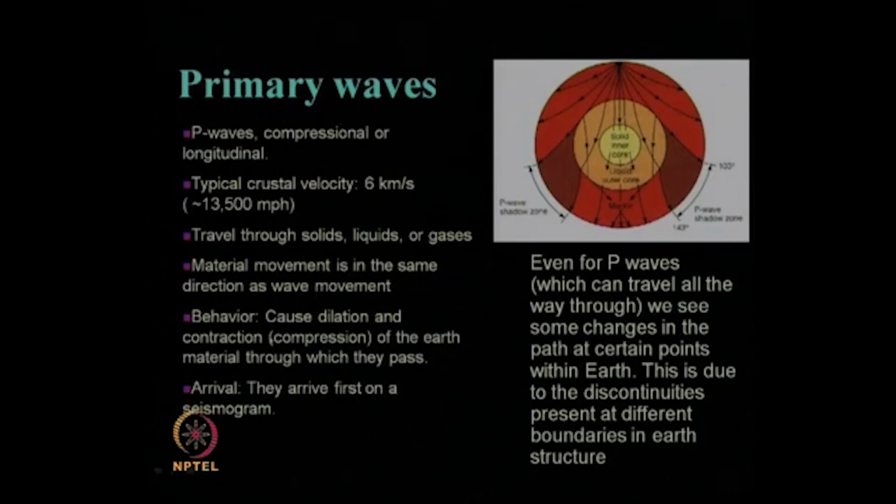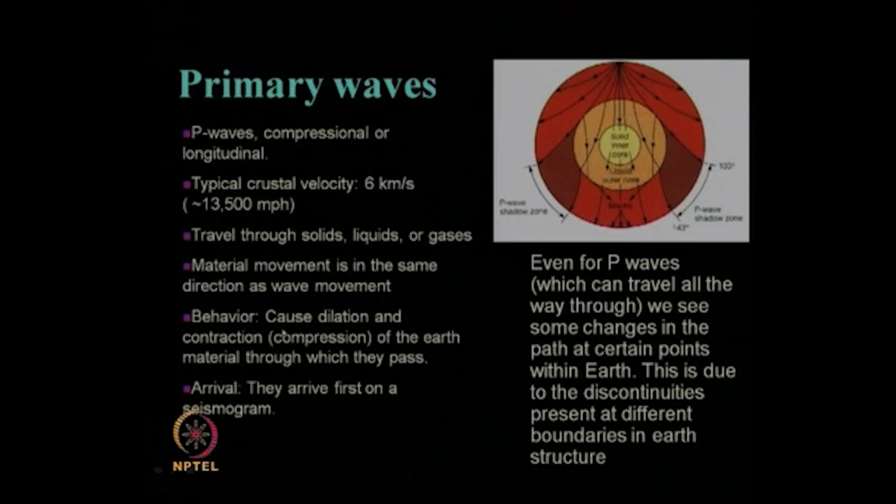The typical characteristics of primary wave or P wave or compressional wave or longitudinal wave, all are names of the same type of wave, which has a typical crustal velocity of about 6 km per second, and this P wave can travel through all the various phases of the media, solid, liquid and gaseous. And regarding the behavior of the travel of P wave, we have seen that the particle movement or material movement occurs in the same direction as the wave propagation or wave movement.